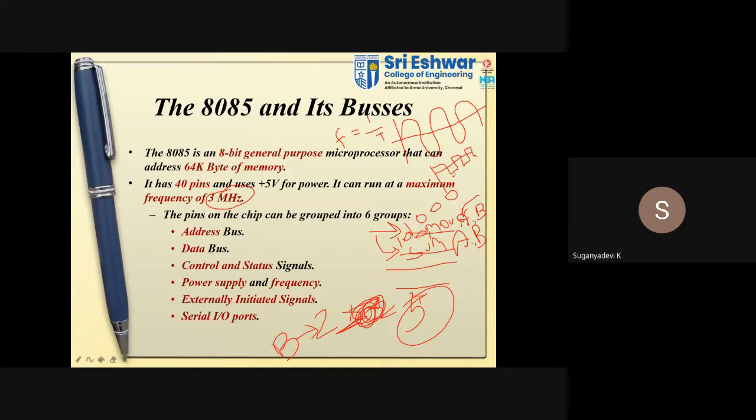So 3 megahertz of frequency means the interval of the signal will be very small. Can you tell me the difference between the first square wave pulse and the second square wave pulse? It's not exactly a square, just imagine this is a square.